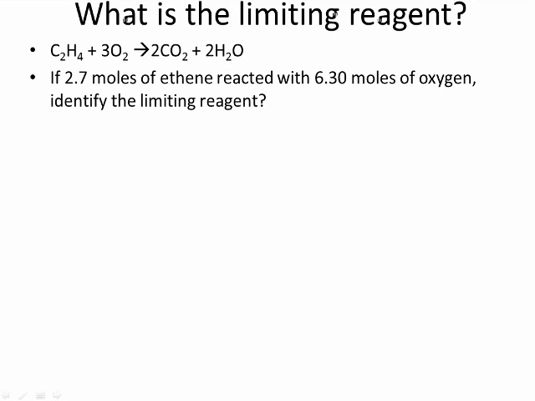Now, when you're looking at limiting reagent, especially if we're just given moles, we can just look at the equation and say, well, if there's 2.7 moles of ethene, which is C2H4, and there was 1 in the problem, that means there's 2.7 moles of ethene given.